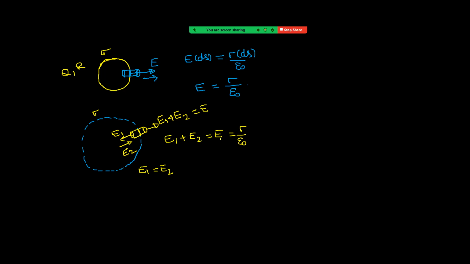E1 plus E2 equal to E, that is sigma by epsilon naught. That implies each value is sigma by 2 epsilon naught. Only due to this small part, the field is sigma by 2 epsilon naught. Due to the remaining part also the same value and same direction, that's why the total value is sigma by epsilon naught.